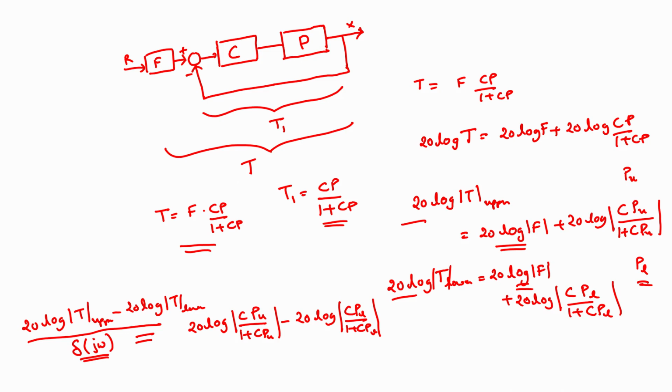Therefore, we have no choice but to use the feedback controller for restricting the variation in delta of j omega and the pre-filter for achieving the overall nominal performance T nominal.